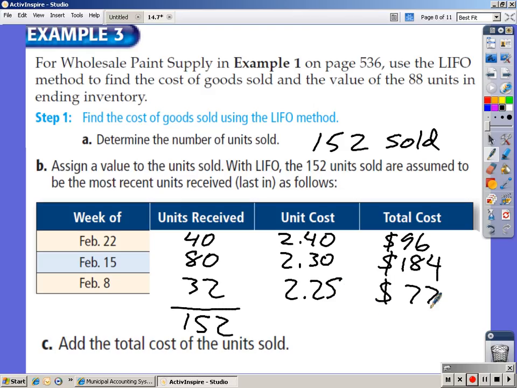Add that up. 72 plus 184 plus 96 equals 352. So $352 is my total cost of the units sold. Okay? Now, go to the next page.